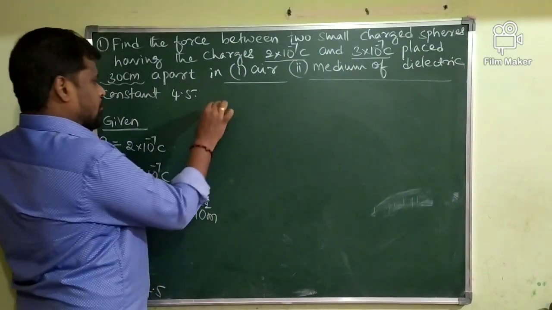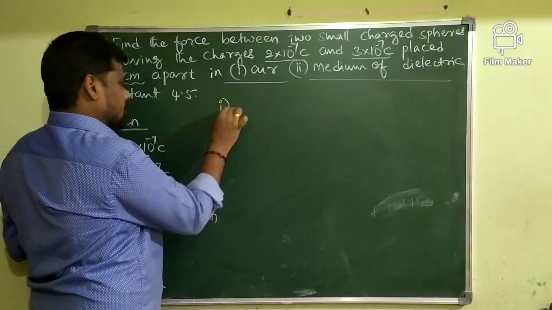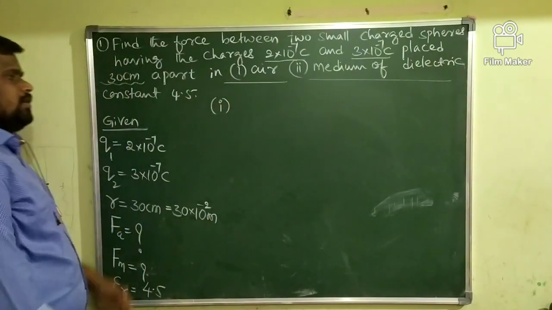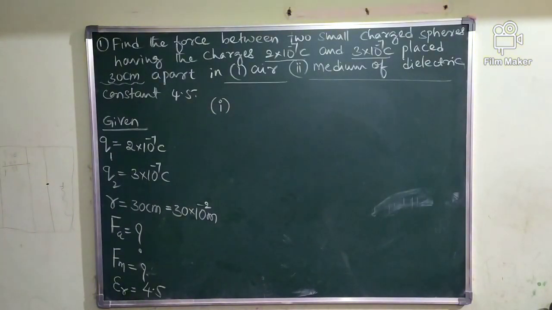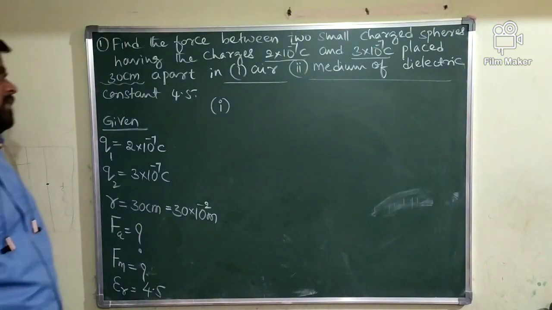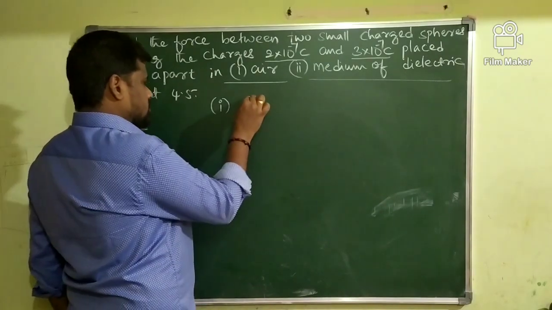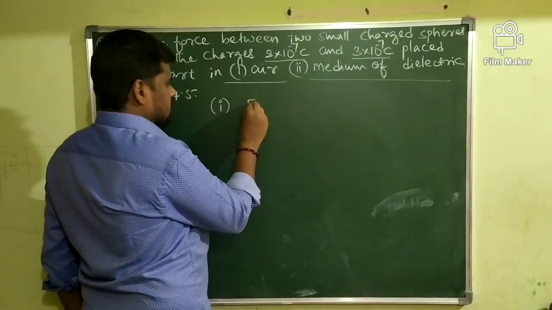Now I will go for the first part of the example. I will calculate the force between the two charges in air medium that can be determined by using Coulomb's law. What is Coulomb's law?